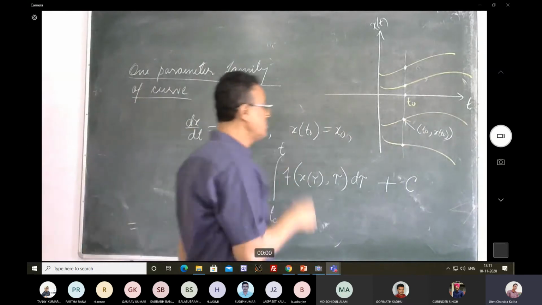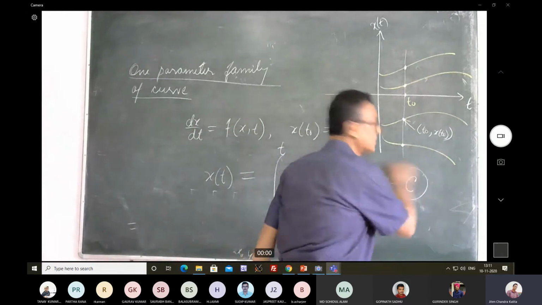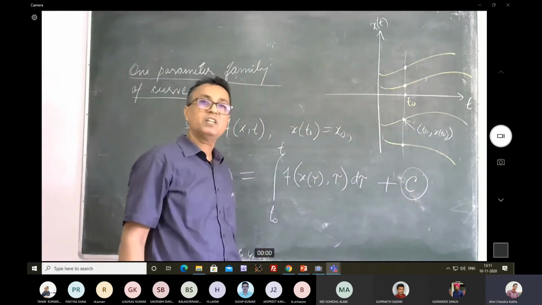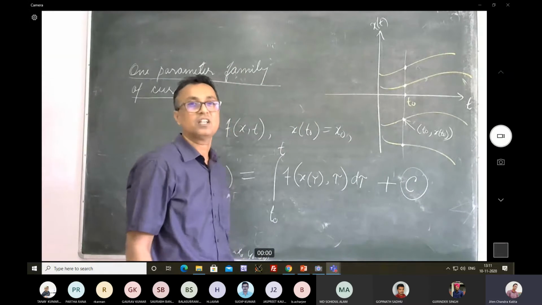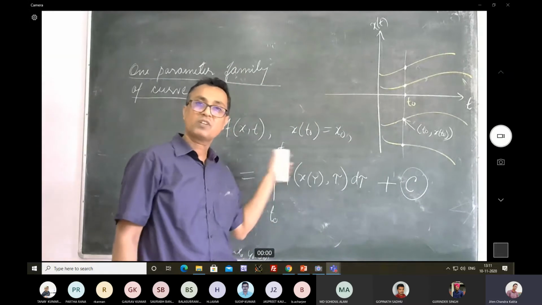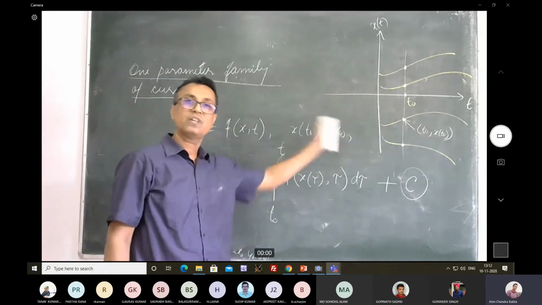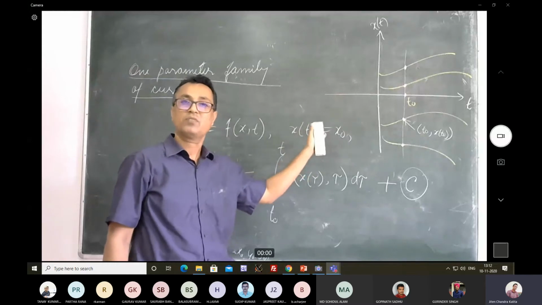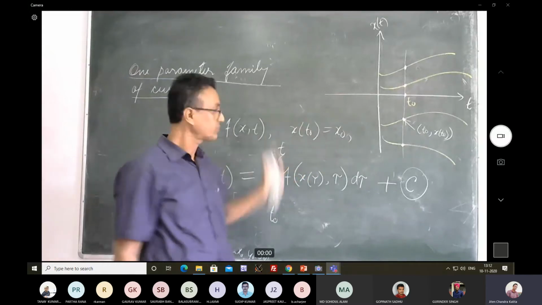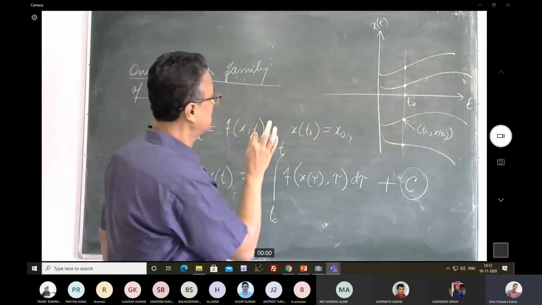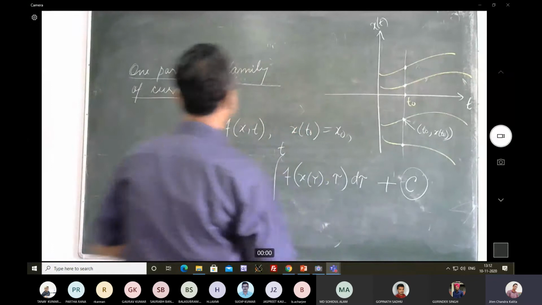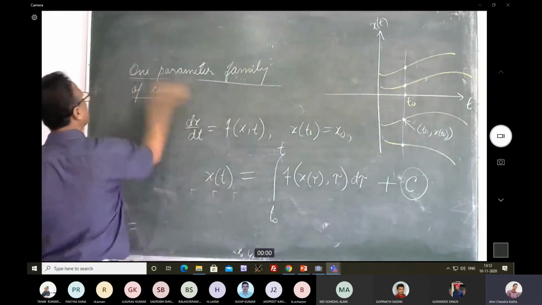And you know that this is nothing but a one parameter family of curves. We have always seen this earlier, right? If you have the first order differential equation, then the solution we get is a one parameter family of curves. Is it okay? Fine. I'm doing this because I'm going to use this a lot in the near future.